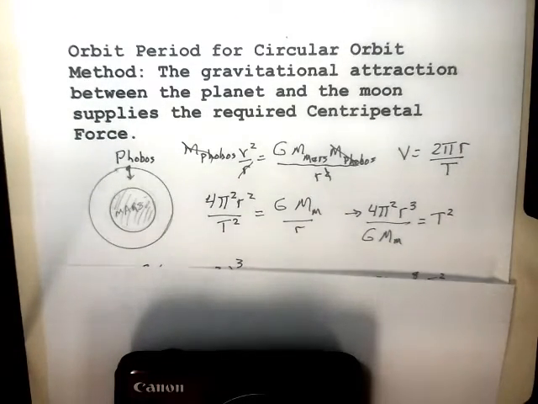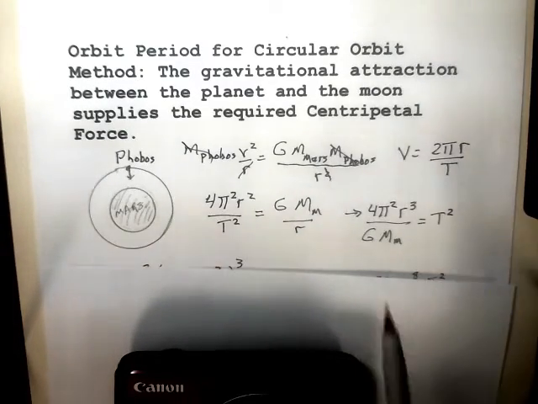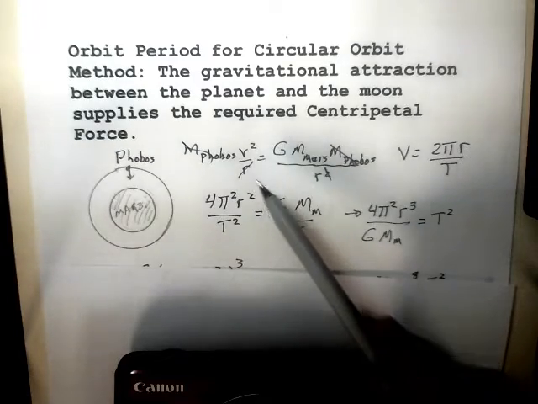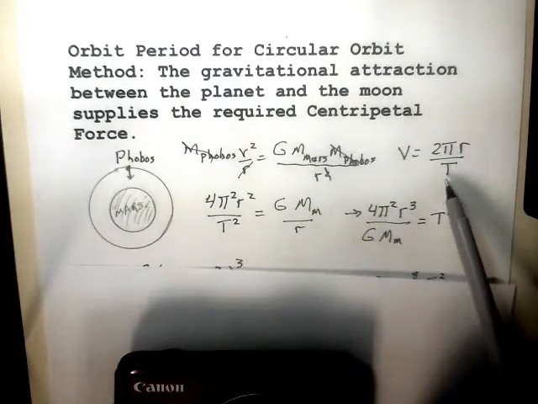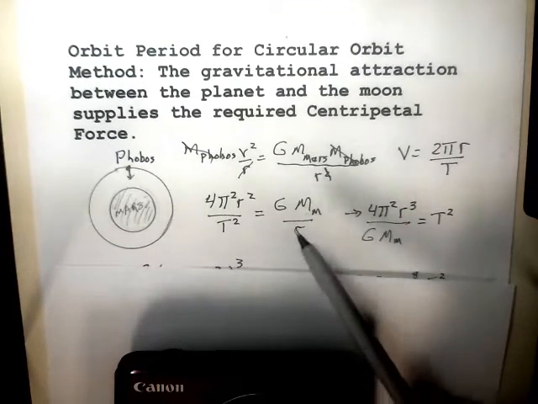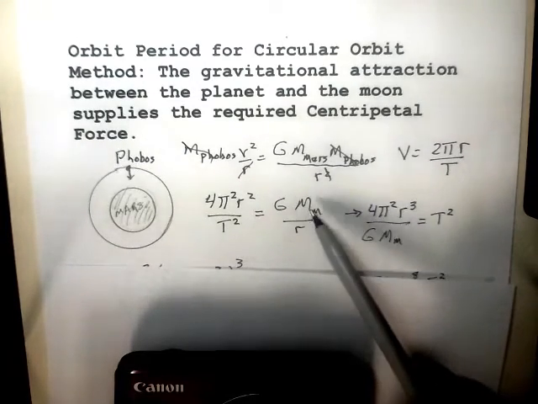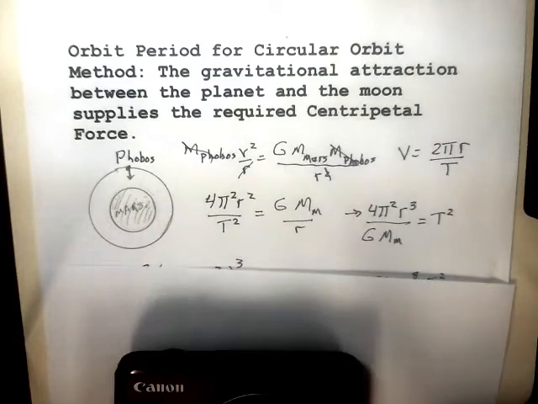And that's what we're seeking here. So I make that substitution for v and square it on the left side. The v squared that was here gets replaced with 4 pi squared r squared over t squared. And now we have G, mass of Mars, and divide by r.